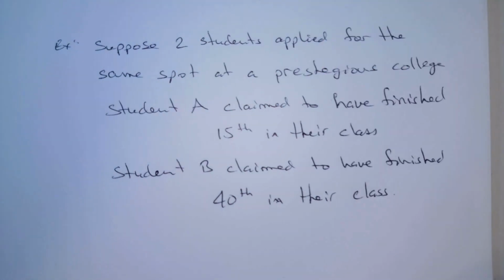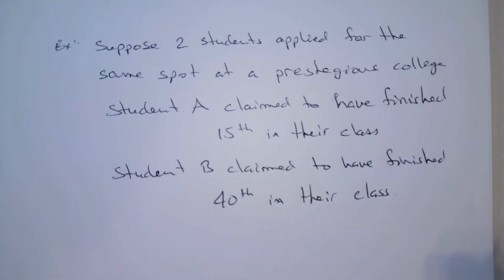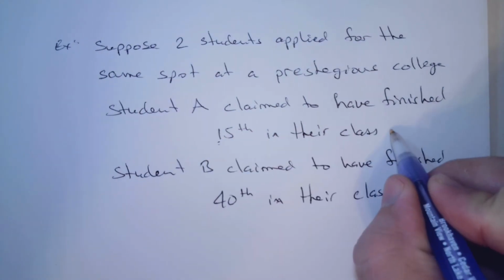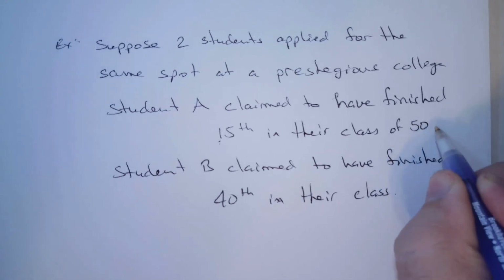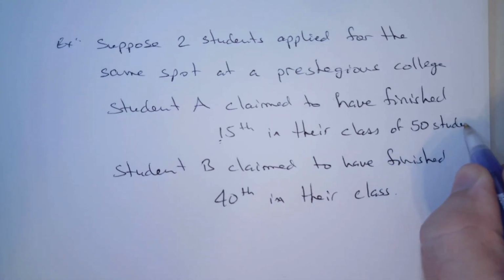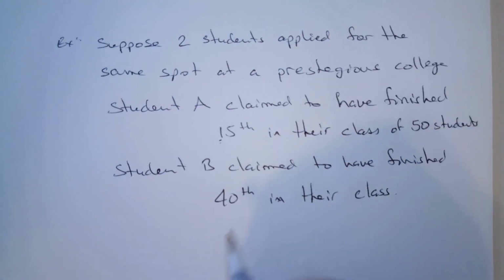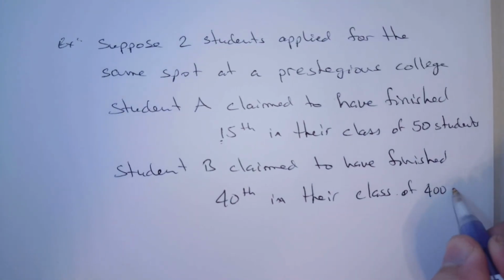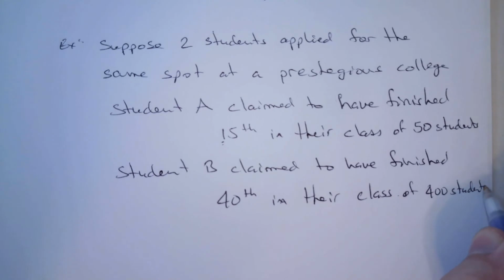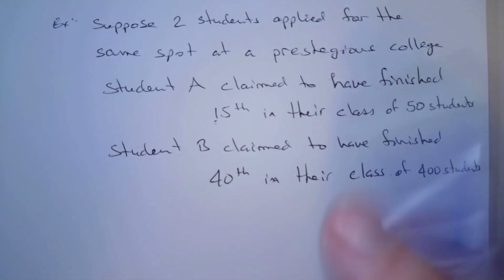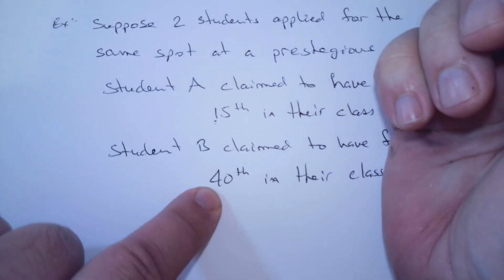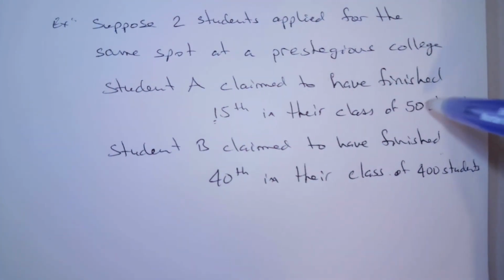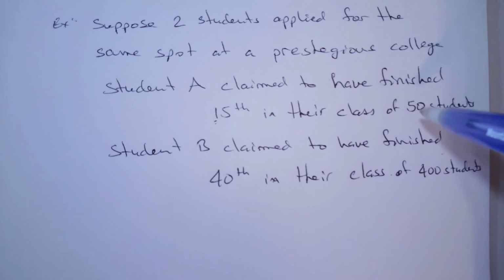So, which one's better? Which student would you take? A finished 15th in a class of 50 students, and B finished 40th in a class of 400 students. Alone, 15th and 40th, you'd think that 15 is better than 40, but you have to consider the size of the student body.